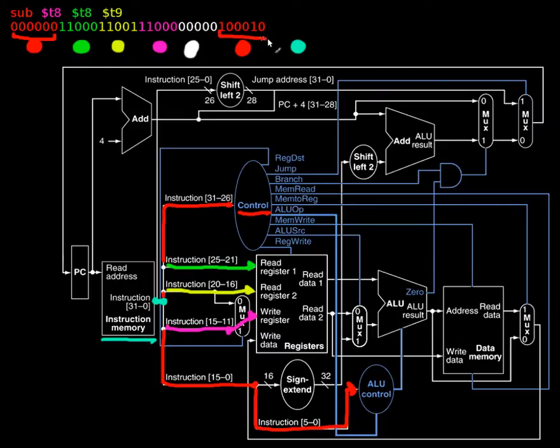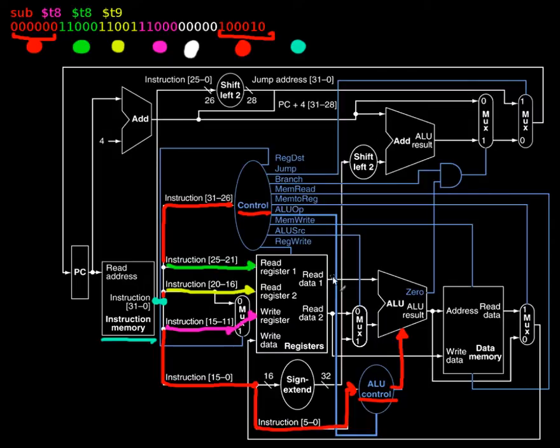These 6 bits determine what the ALU is supposed to do, and the ALU control down here decodes that. Alright, so that's the first step.